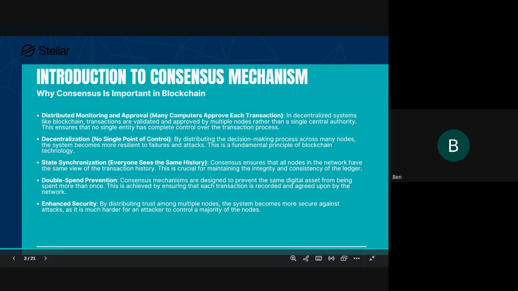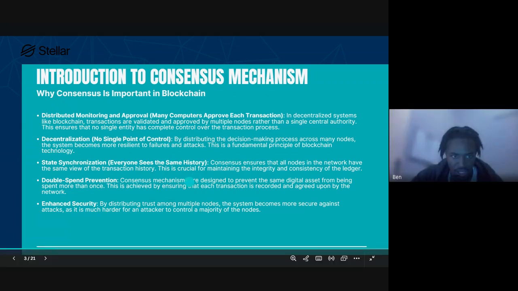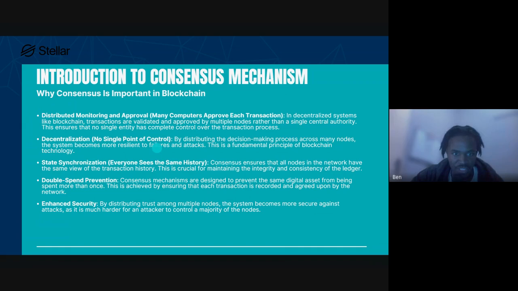And we also spoke about decentralization. Like I said, there's no central point of control, but by distributing the decision making process across many nodes, the system becomes more resilient to failure and attack. This is the fundamental principle of blockchain technology.